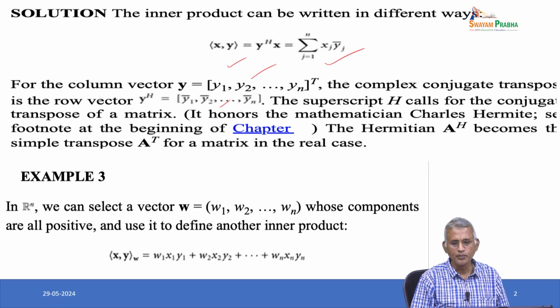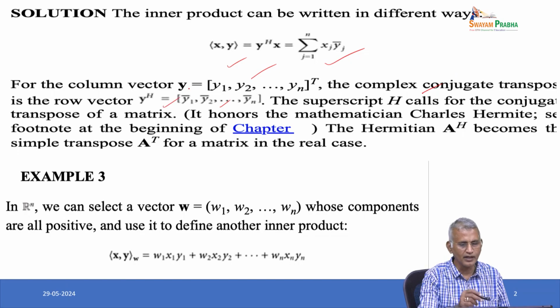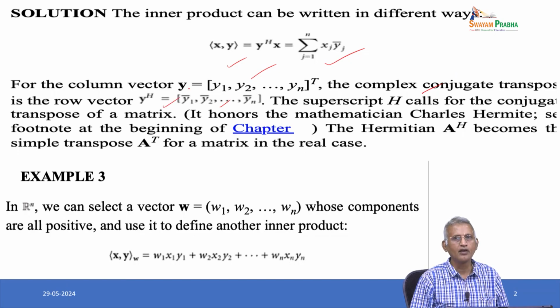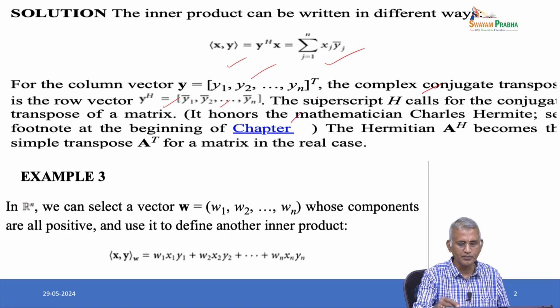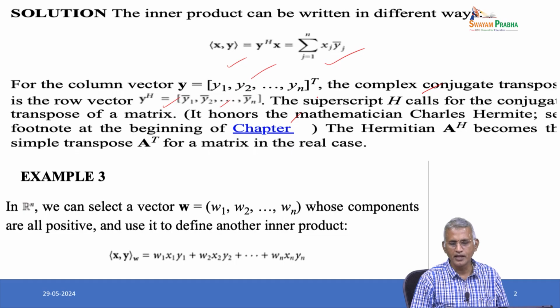The superscript H calls for the conjugate transpose of the matrix, in honor of Charles Hermite, and a footnote is given in the chapter. The Hermitian A^H becomes the simple transpose A^T for a matrix in the real case. So this is the general definition of the inner product x comma y.